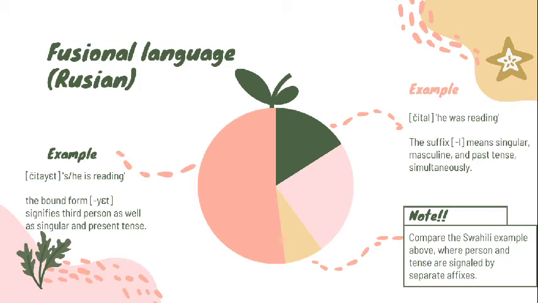The suffix l means singular, masculine, and past tense simultaneously. The note is: compare the Swahili example above, where person and tense are signaled by separate affixes.